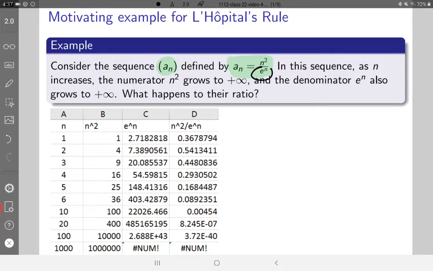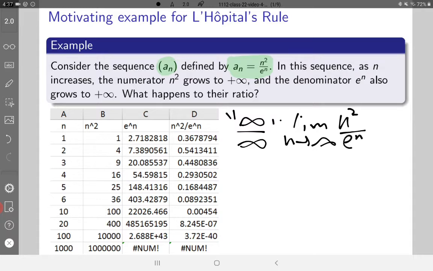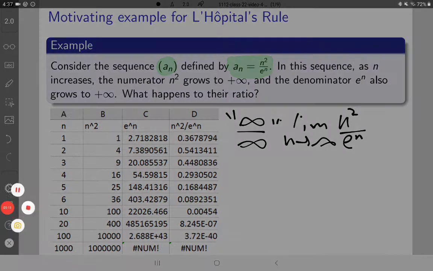And so this essentially is approaching some kind of infinity over infinity situation. As I take a limit as n goes to infinity of n squared over e to the n, both of those things are getting bigger and bigger. And so that's why I'm using quotation marks around the infinity over infinity situation.